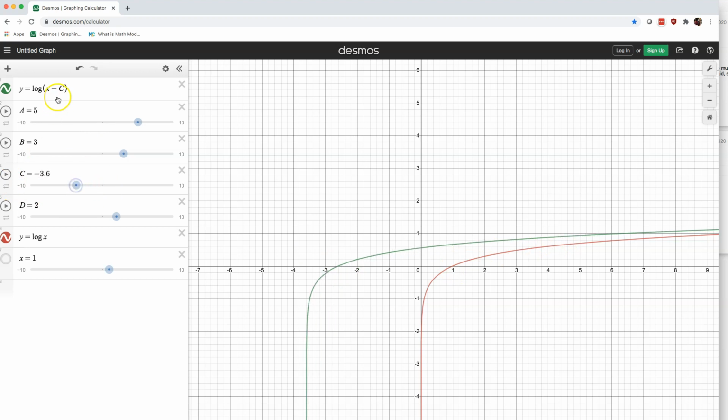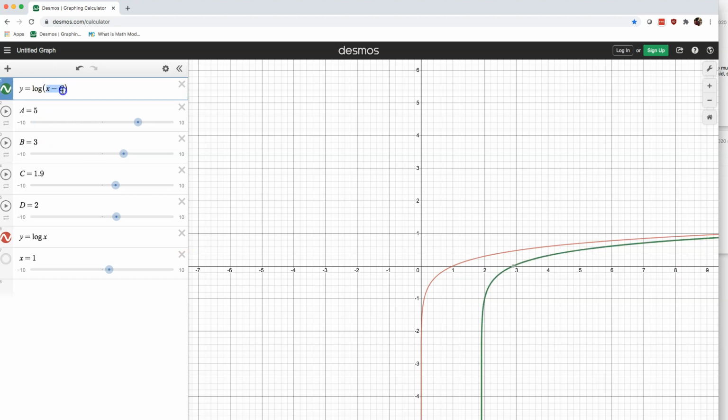So when c is negative, again subtracting a negative, you'll see it shift left, and when it is positive and you're subtracting, it's really moving it forward in the curve. So that is one place where people often get confused, because you'd think to the right means positive, but really you have to think about that we're taking it off the input, so it's really kind of sending it forward down the axis.